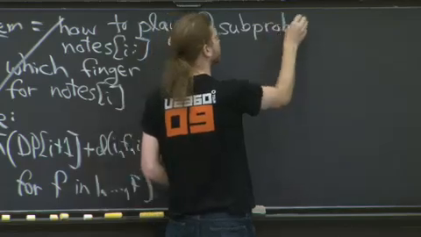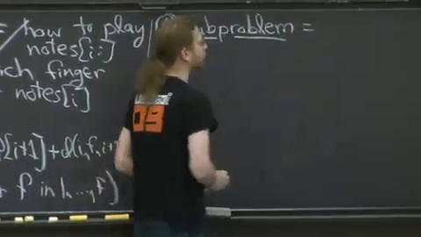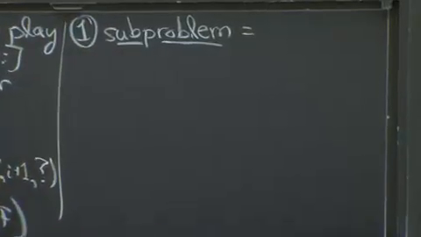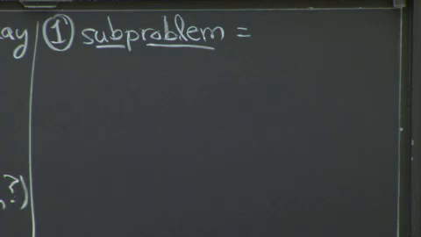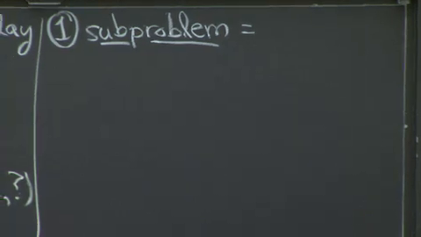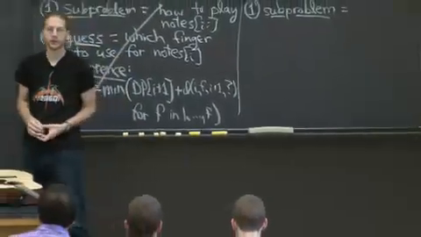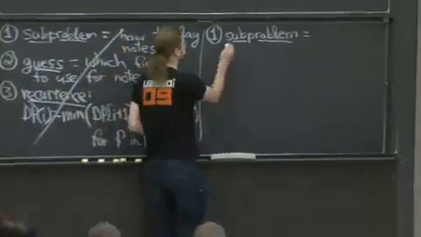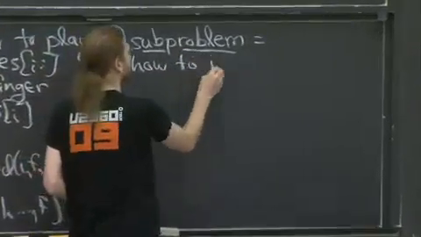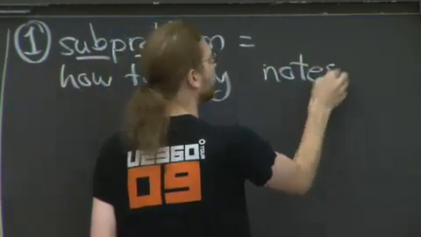A couple of right answers here. Yeah? Maybe like all the suffixes starting at i for all given i's. Like all the possible fingers for i. All the possible fingers for i in the subproblem. Yeah, good. How to play. It's still about the suffixes.